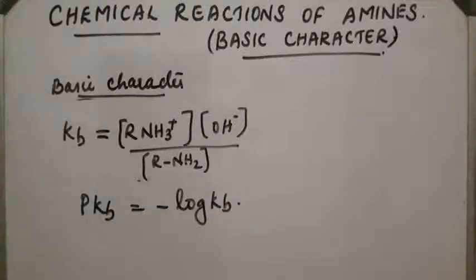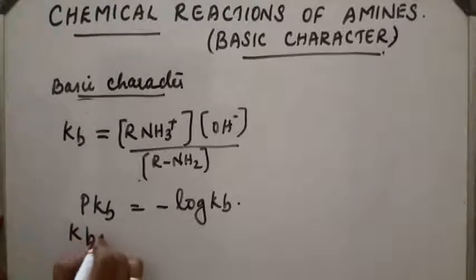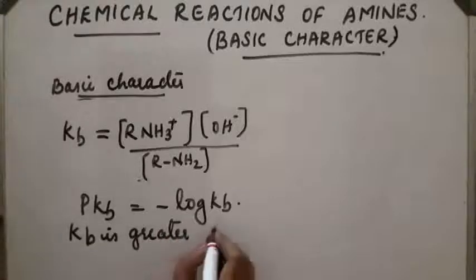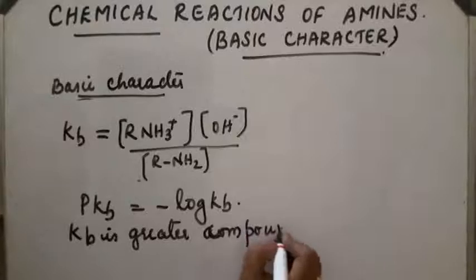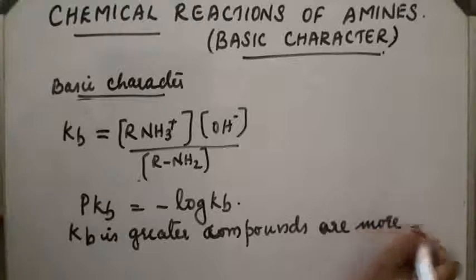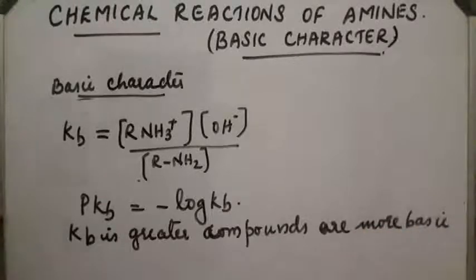So if Kb is greater, those compounds are more basic, and in that case the pKb value is less. For high Kb and low pKb, the basicity of the compound is high.